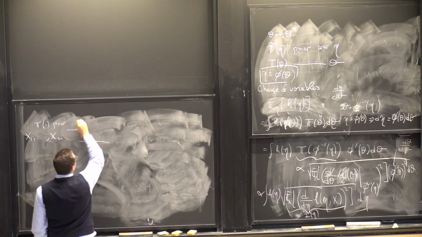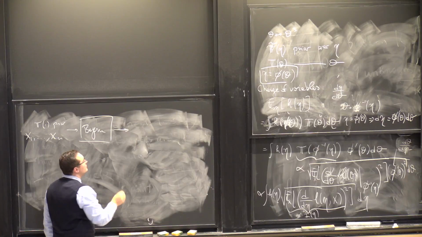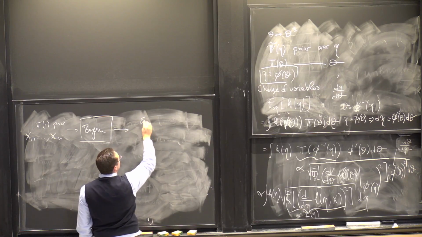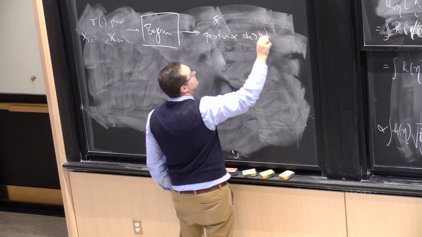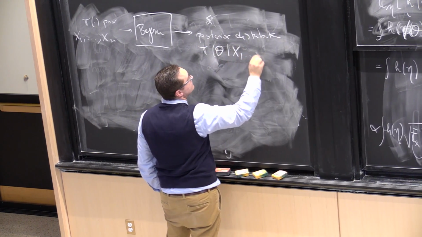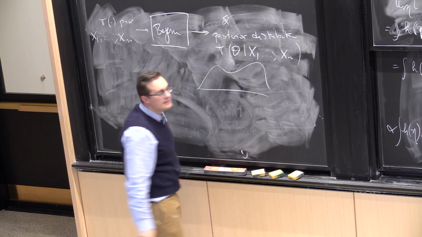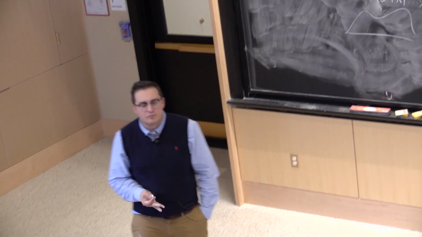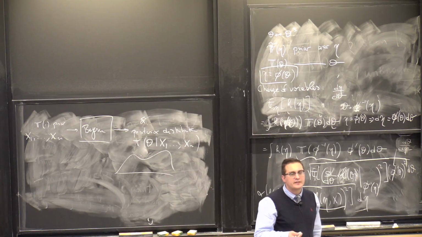When you do Bayesian inference, rather than spitting out just some theta hat, which is an estimator for theta, you actually spit out an entire posterior distribution, pi of theta given x1, ..., xn. Okay, so there's an entire distribution on the candidate thetas, and you can actually use this to perform inference rather than just having one number. Okay, and so you can actually build confidence regions from this thing.